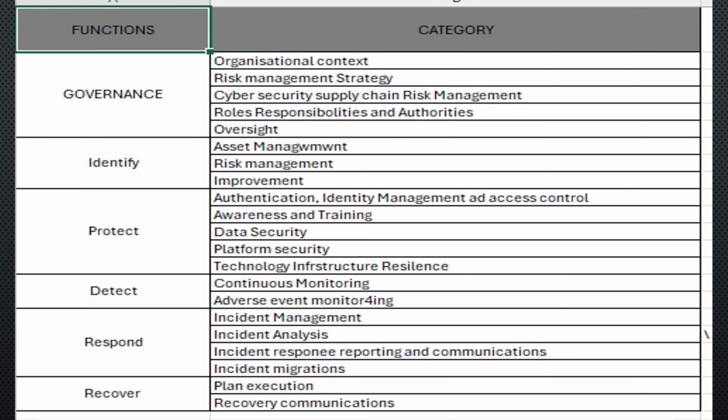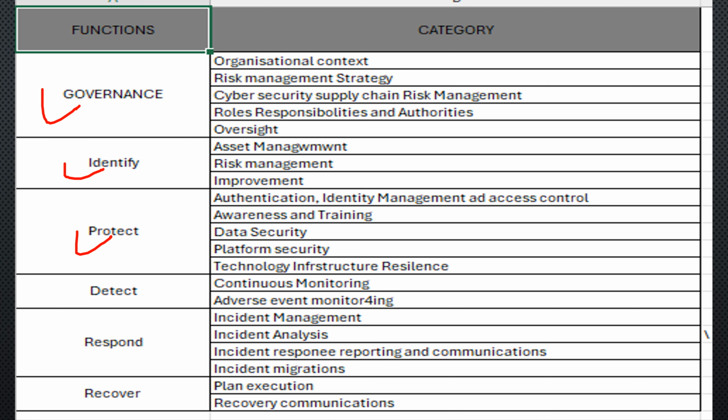The next slide is about how many key functions there are in the NIST basics, plus what the subcontrols are. So six key functions are there. Let me pick up the pen here. Number one is governance, then identify, protect, detect, respond, and recover.